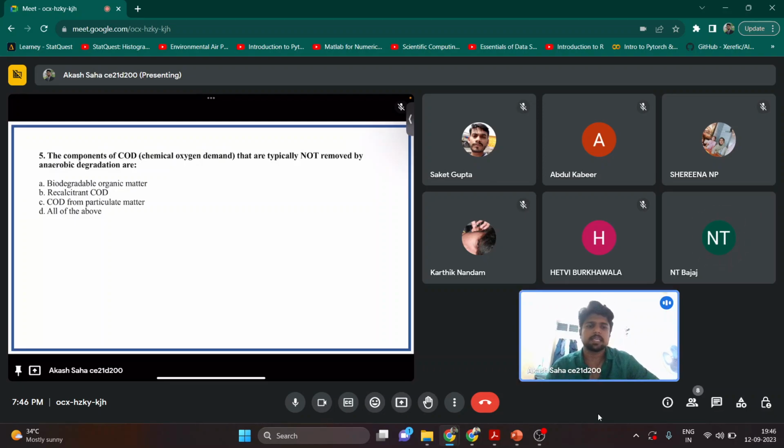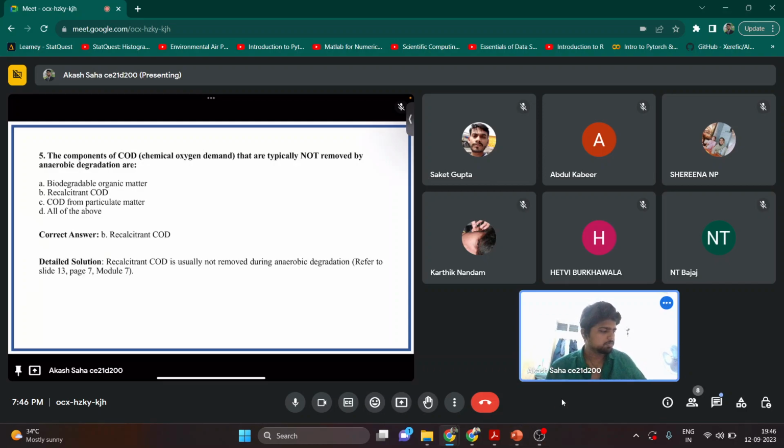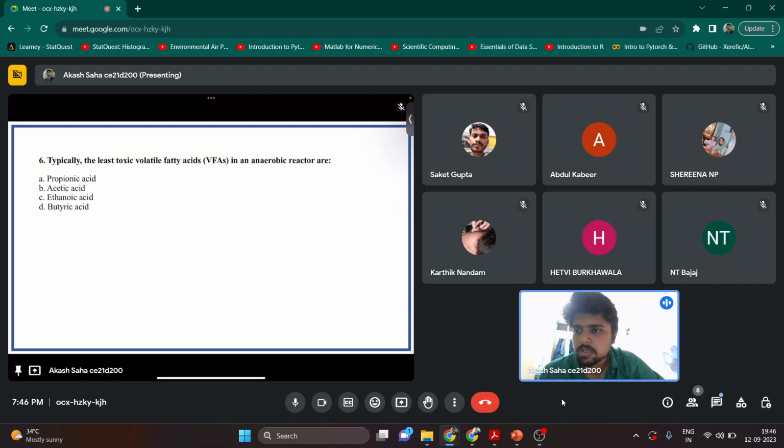Option B, yes, the recalcitrant COD. The biodegradable and the particulate matter will be easily removed in anaerobic degradation, but the recalcitrant COD will not be removed, which is persistent and doesn't leave the system. Okay, the next one.